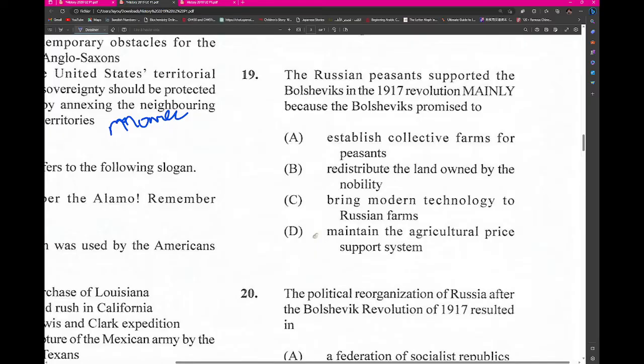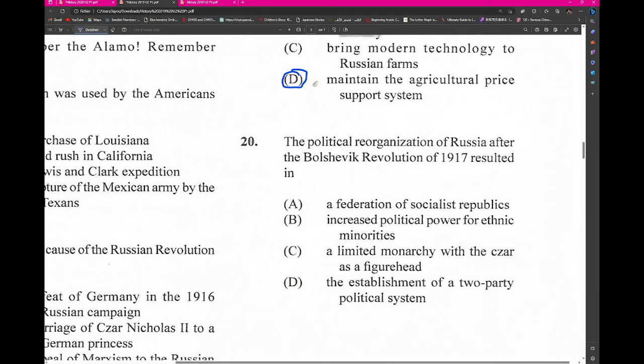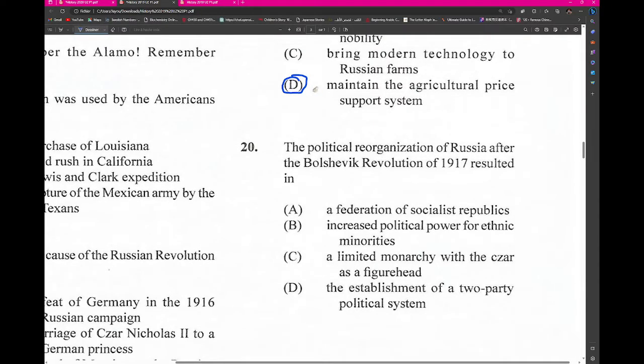Price support system. I think it would be this. So we're mainly talking about food for the people. Remember, there was a huge famine sweeping through Russia at this time. The political reorganization of the Russian Socialist Federation of Soviet Republics there. Alright?